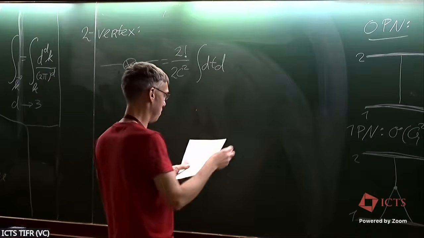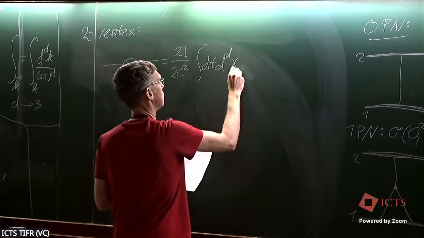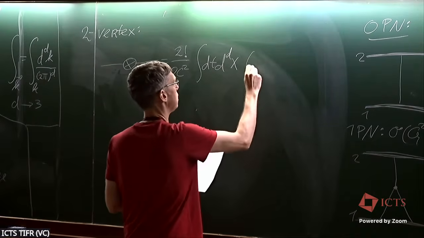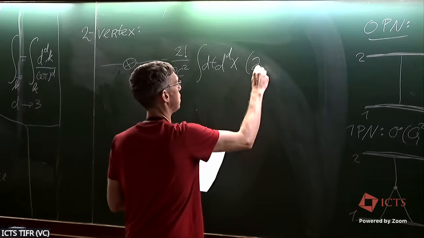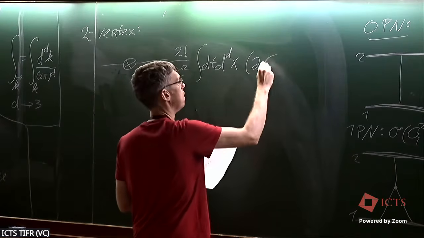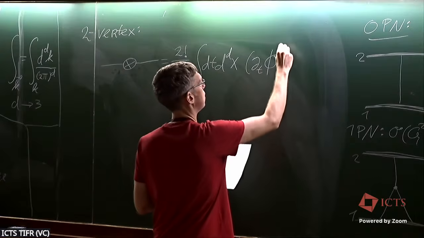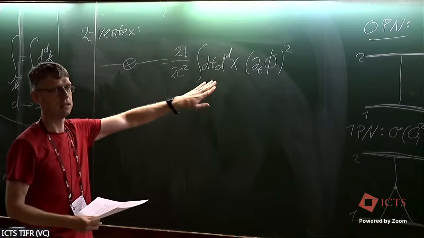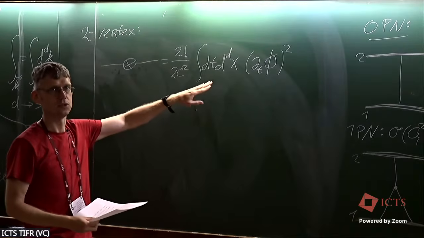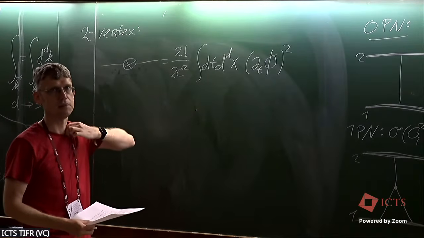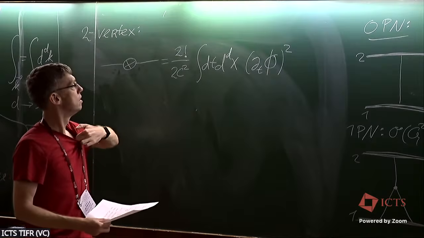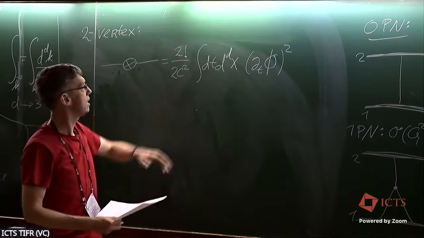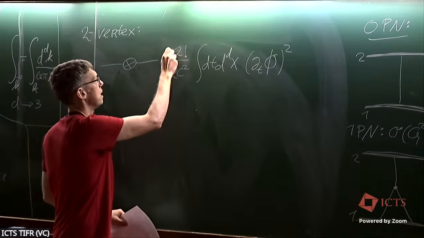In the PN world, it's also quite conventional to just write the term in the metric as the vertex itself. So I'll illustrate later how this is useful for assembling the Feynman diagram. So here, basically we just take the term as it appears there.